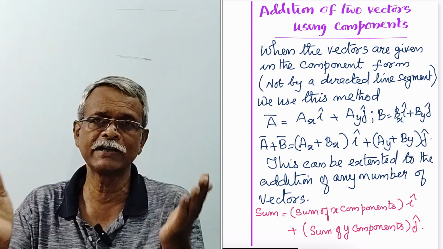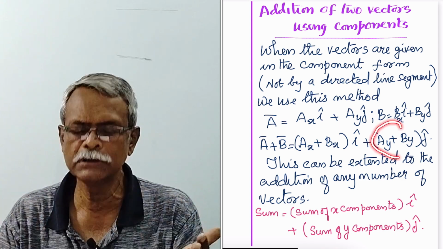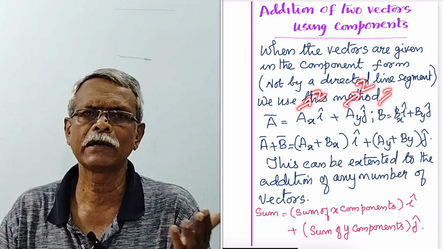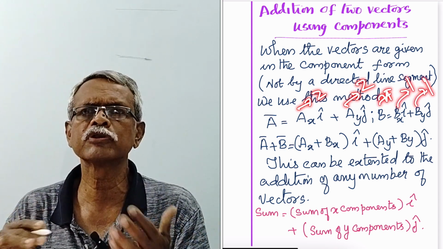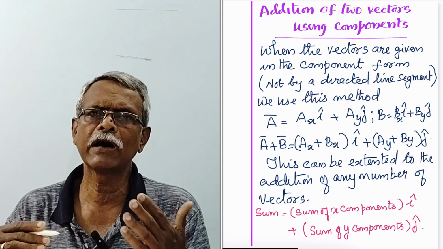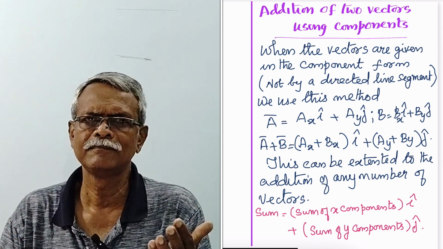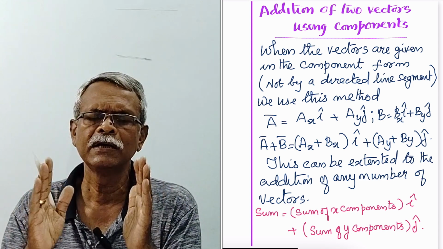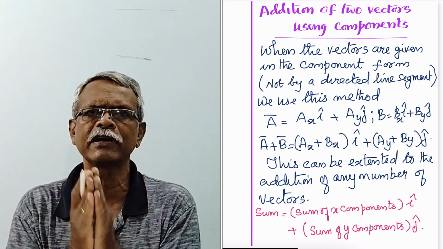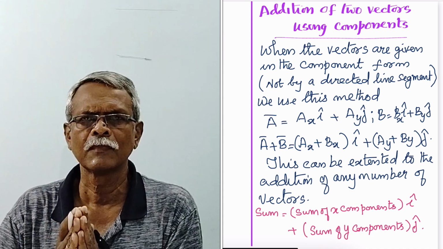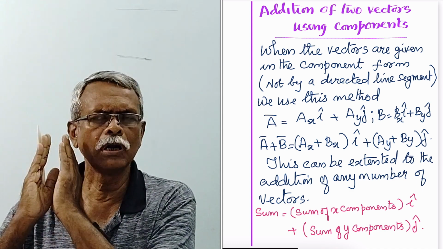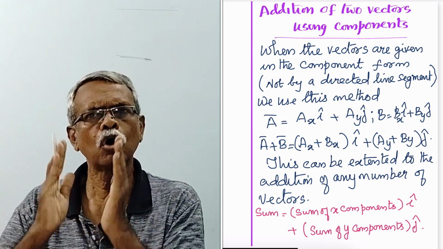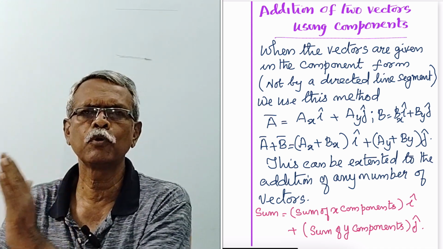Therefore, you can add vectors without drawing the diagrams or applying the parallelogram law and triangle law. Instead of that, you can use the component form. If you have 10 vectors to add, you don't need to use the polygon law of vector addition. You simply add the x components of all those 10 vectors, put an i, then add all the y components and add a j, take all the z components and put a k.